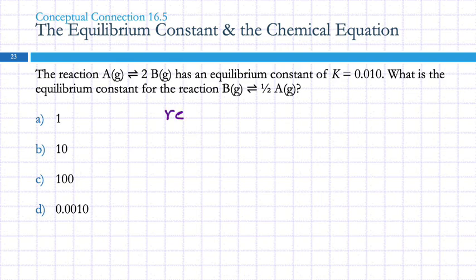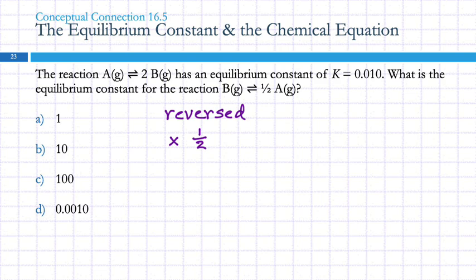So the equation was reversed. And what else? Here the coefficient was 1, and here the coefficient is 1/2. So it got multiplied by 1/2. You could say divided by 2, but multiplied by 1/2 works better for how the rules are worded.